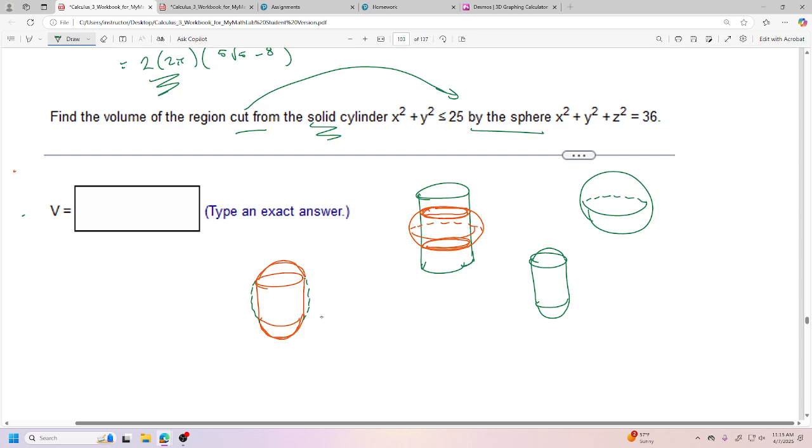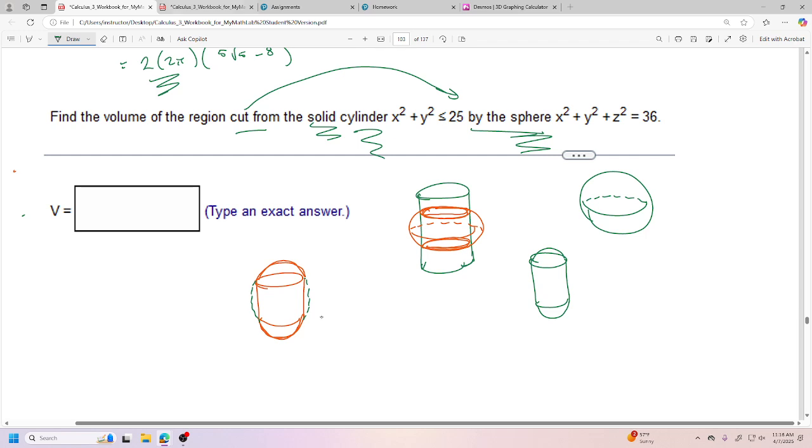So we're looking for the volume of the pill. Because it's a sphere, I say, oh, spherical. Oh, really? That's what you think? Oh, but it also said cylinder. So which one would you rather have? Cylindrical or spherical? Cylindrical, heck yeah.